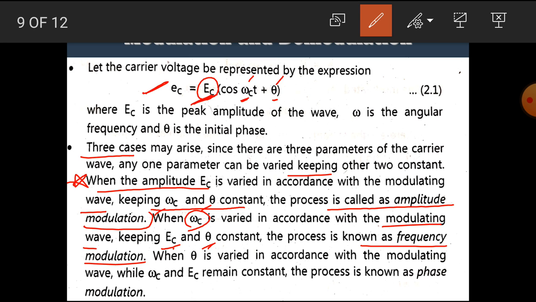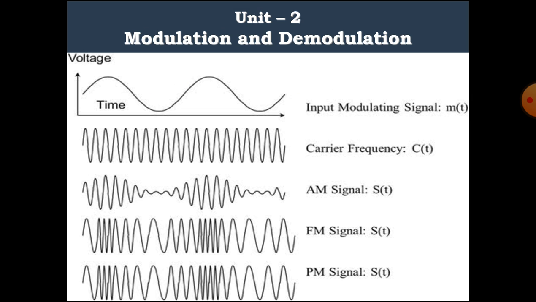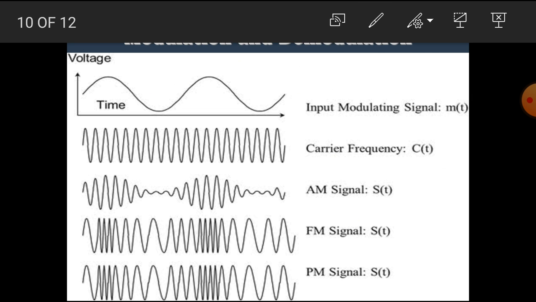And when θ, meaning phase, is varied in accordance with the modulating wave, while ω_c and E_c, that means frequency and amplitude, are constant, the process is known as phase modulation. I hope you all understand the three types here.